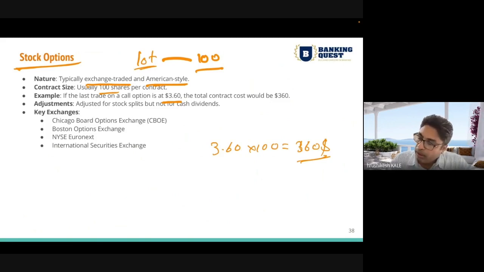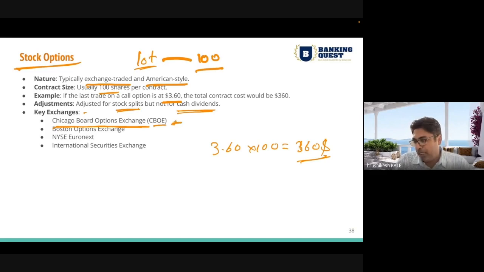Now, in between, if the stock splits, then your options get adjusted, but it does not take into consideration cash dividends, that is, they are neglected. Few of the key exchanges: the major one is the Chicago Board Options Exchange, CBOE, very well known.